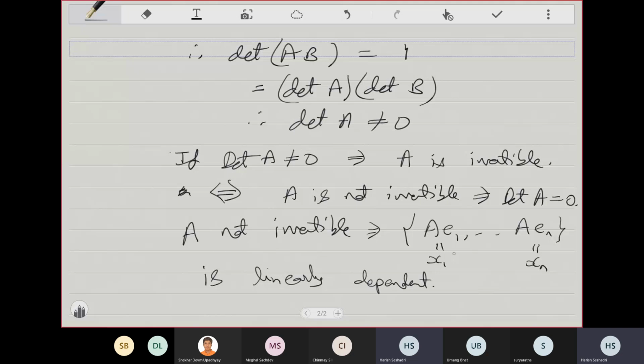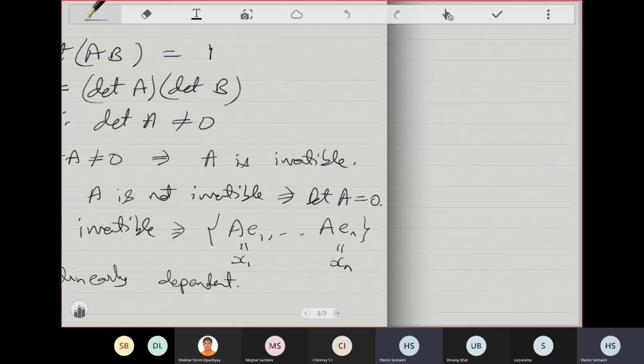There's no kernel, the null space is just the trivial space 0. But since A is from Rn to Rn, it will also follow that A is onto. So A would be bijective, so it would have an inverse. So AB equal to BA equal to I would follow. So that's the logic. So we conclude that this is linearly dependent.